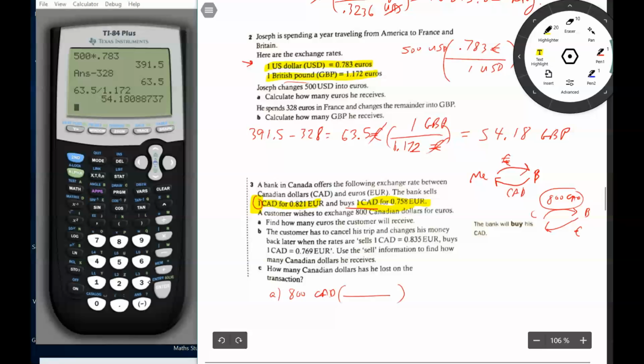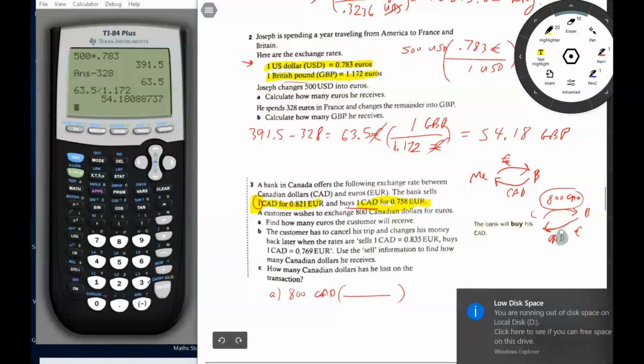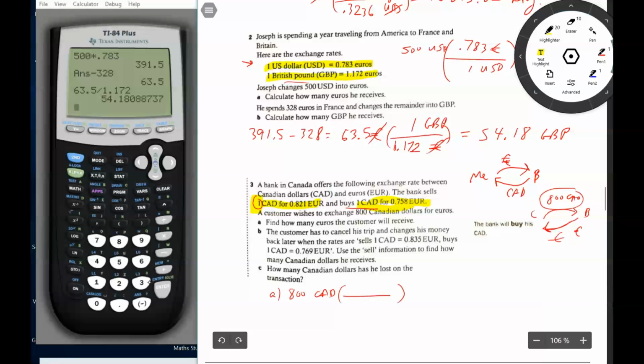We want the domino that's going to happen when the customer gives $800, and the bank is giving euros. So we want a domino where Canadian dollars is on the bottom and euros is on the top.